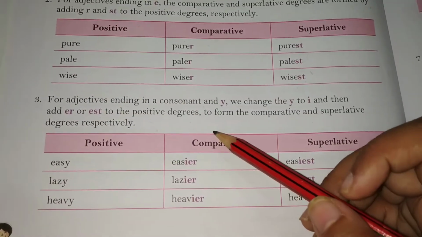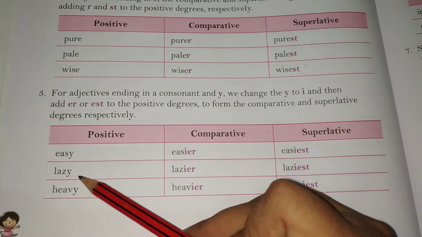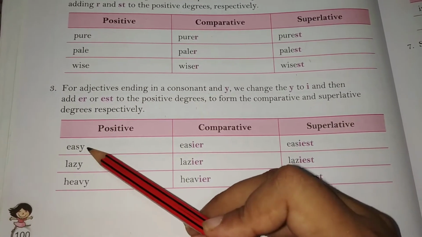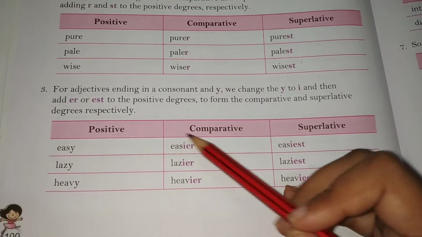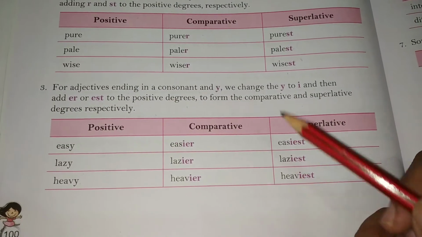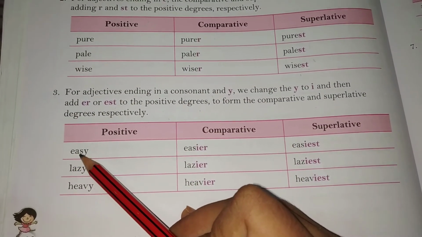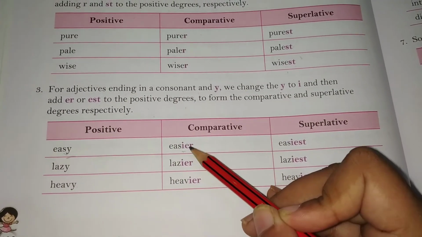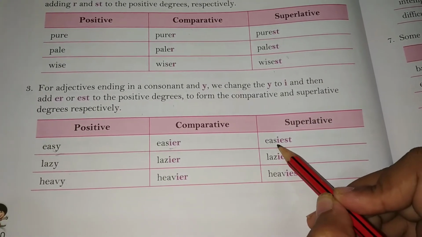Students, when any word ends with y and before y there is a consonant, then we replace y with i and add er and est. As you can see here, easy, and before y there is s. Then we remove y, add i and add er. Then easier, and easiest.